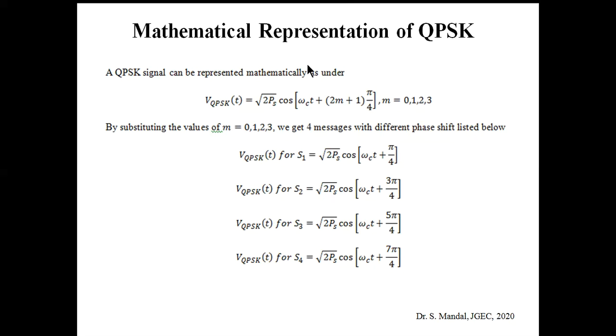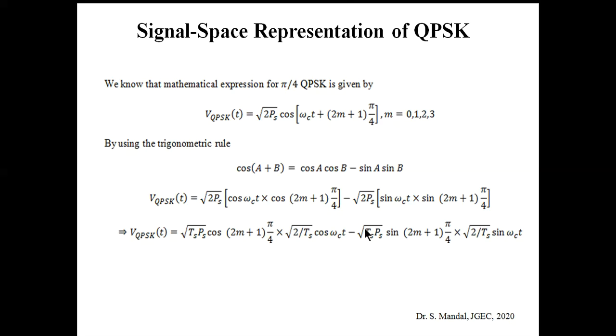For m equal to 1, the corresponding equation for the second message is root 2 Ps cos(omega_c t plus 3 pi by 4). And similarly for s3 it will be 5 pi by 4, and for s4 that is 7 pi by 4, for m equal to 2 and 3 respectively. So that is the mathematical equation for the QPSK.